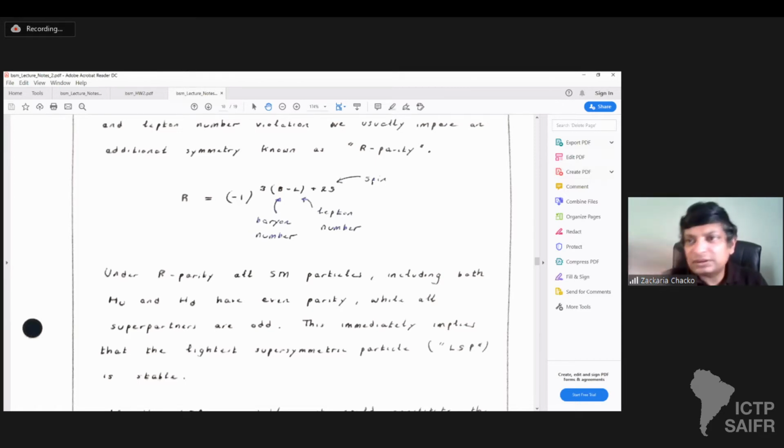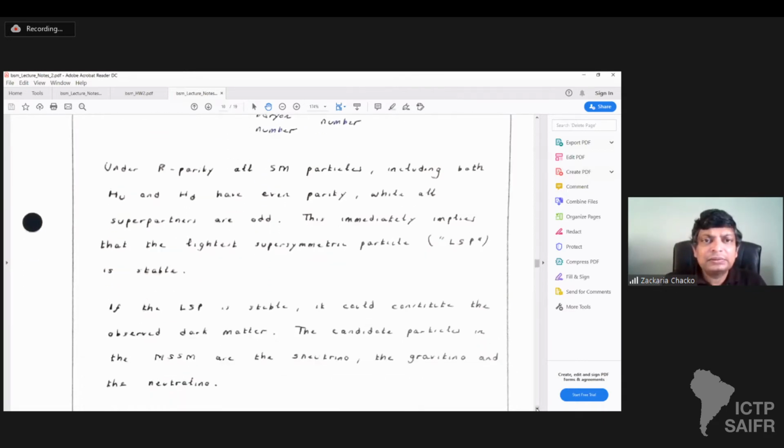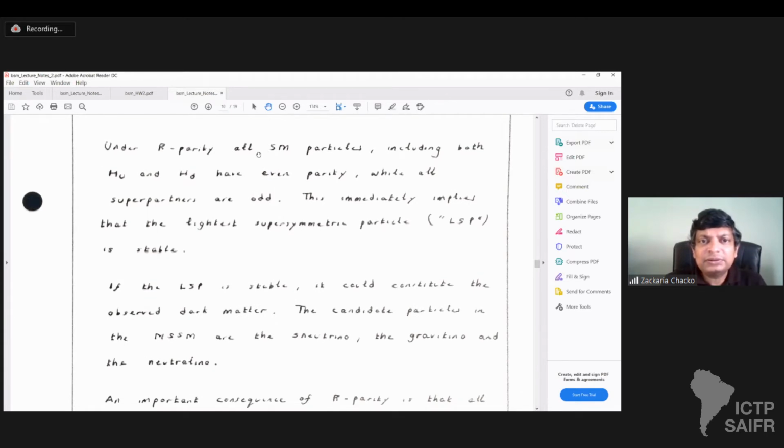Not the lepton flavor symmetries, but overall baryon number and overall lepton number are symmetries. Under R parity, all the standard model particles, including both the Higgses, have even parity, and all the superpartners have odd parity.